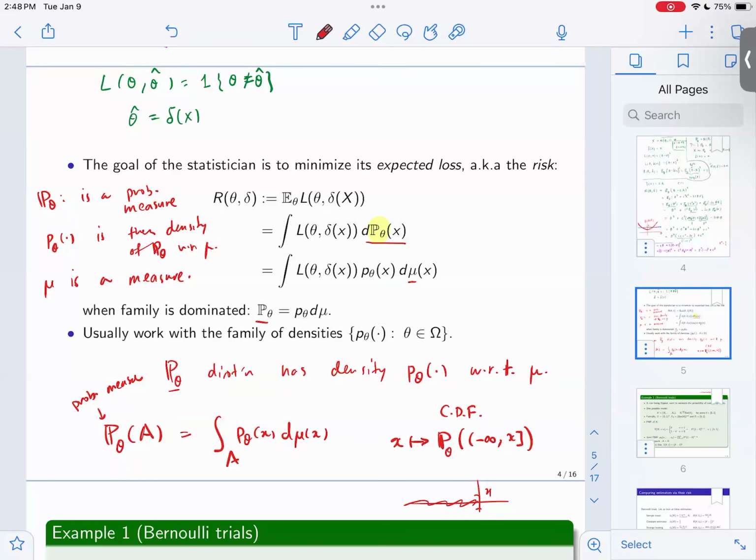So this requires a little bit of measure theory. If it's too confusing, we can discuss it in the office hours, or you can ignore the measure theory, and just think of this as an abstract distribution.